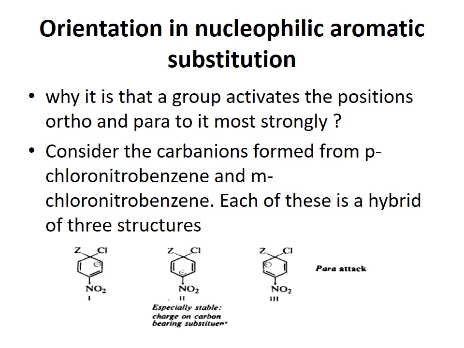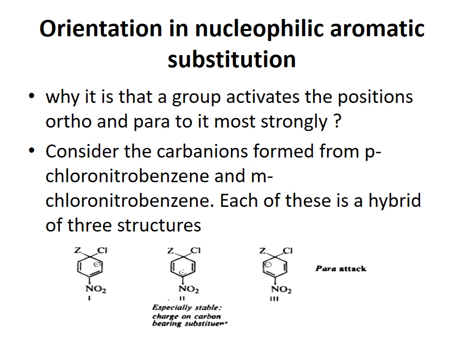When this Z gets attached to para-chloronitrobenzene, there is an intermediate formation of a carbanion, and as we all know, the carbanion will develop negative charges at the ortho positions and the para position.